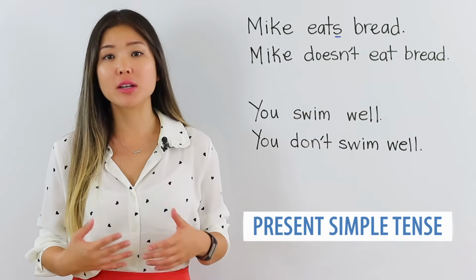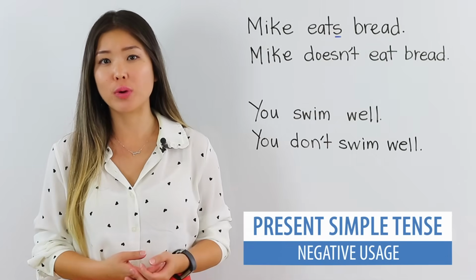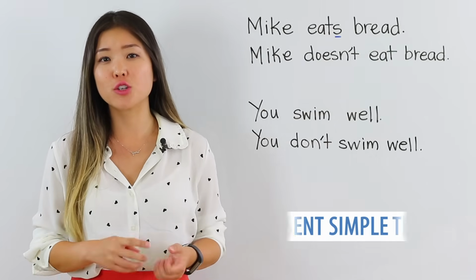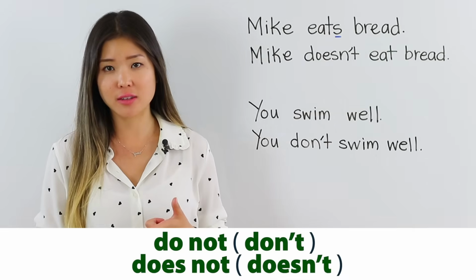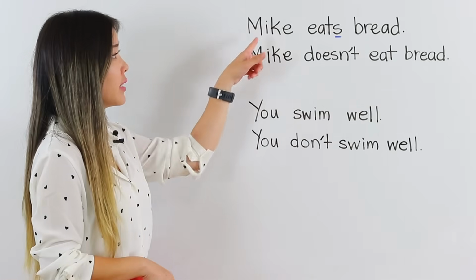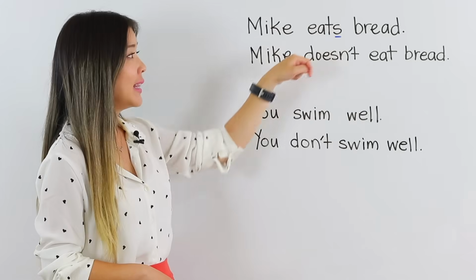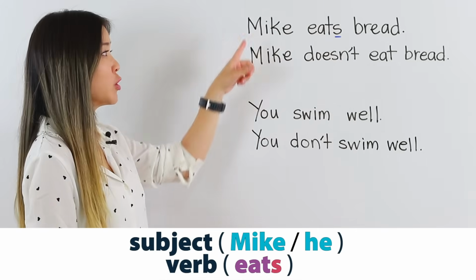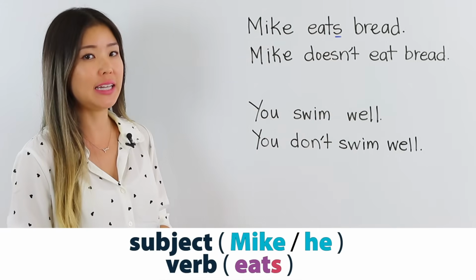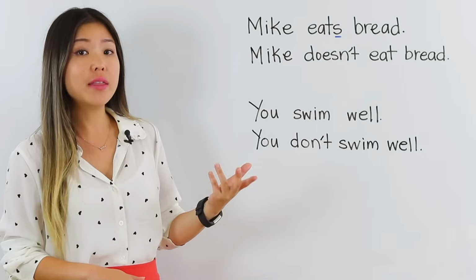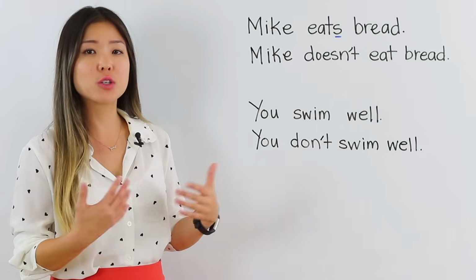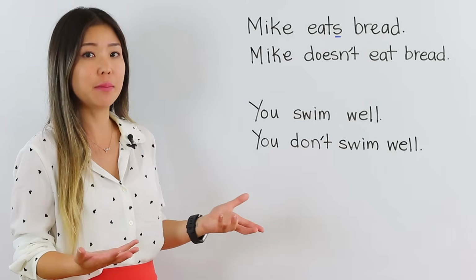Let's talk about a possible negative usage for the present simple tense, and that is do not and does not. The first example says Mike eats bread. I put an S at the end of eat because the subject is Mike, which is a he. Now that's not a negative statement. What happens when I want to turn it into a negative statement?